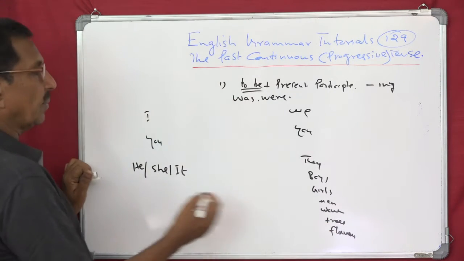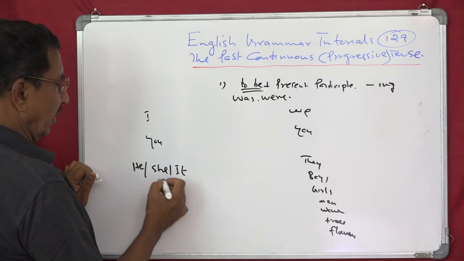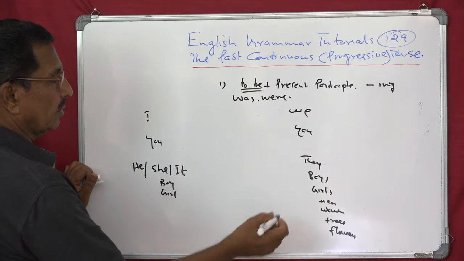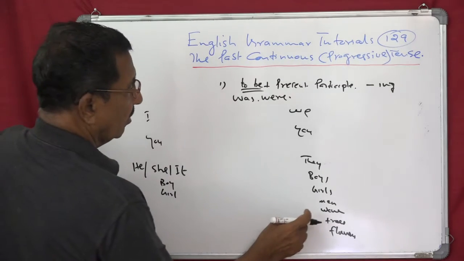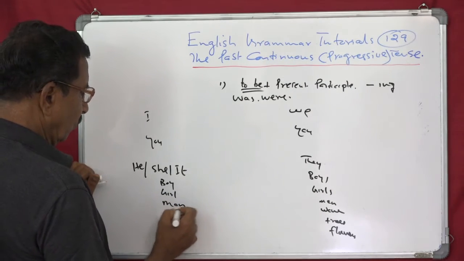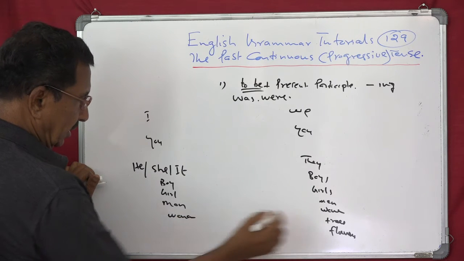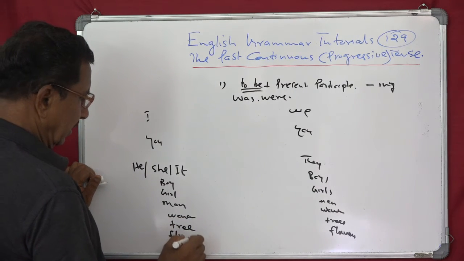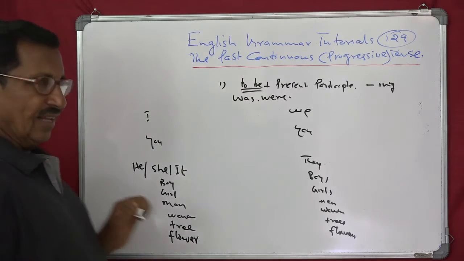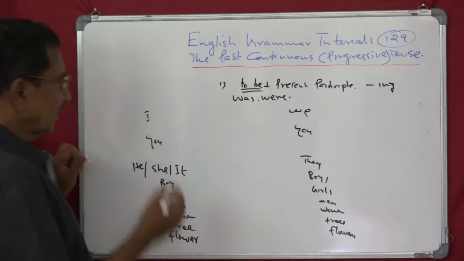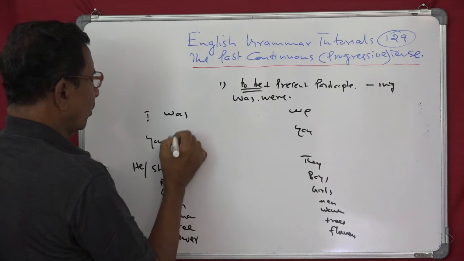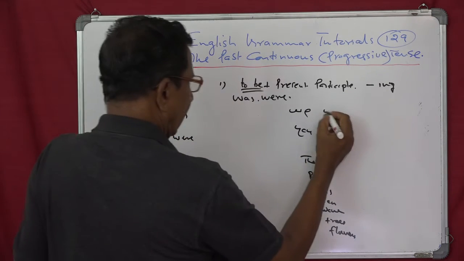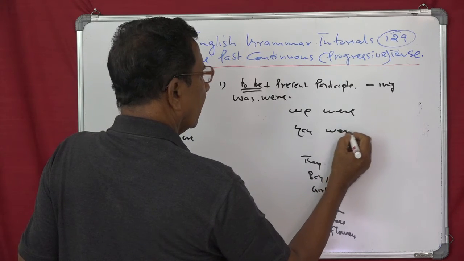Here we have the third person singular: a boy, girl, man, woman, tree, flower, train, bus. All these are third person. So here you can see: I was, you were, he, she, it was, we were, you were, they were.